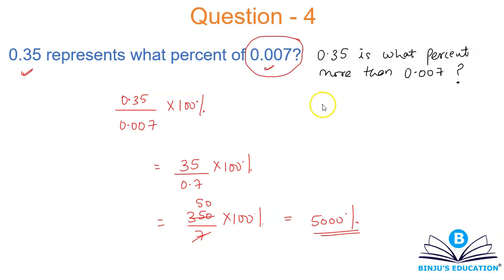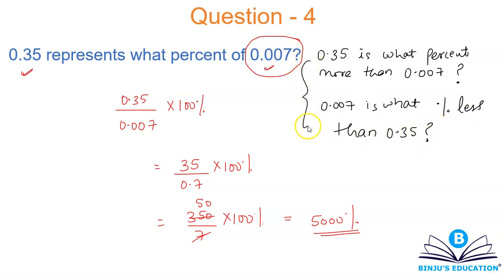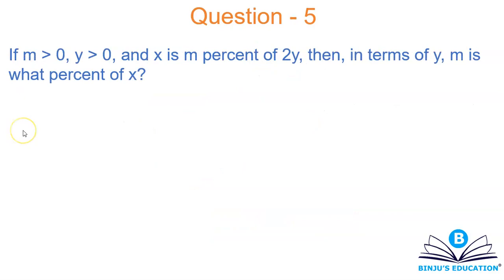And do the other way around also, that is 0.007 is what percent less than 0.35. Let me know the answer to both the questions. Alright, let's move on to next question. So pause the video, try this question number 5.